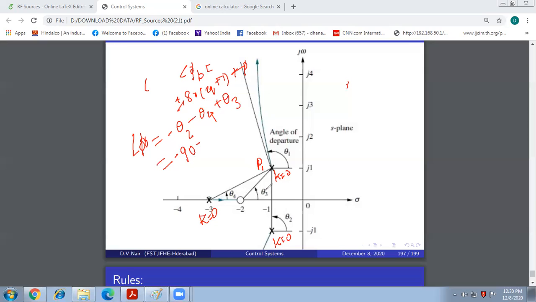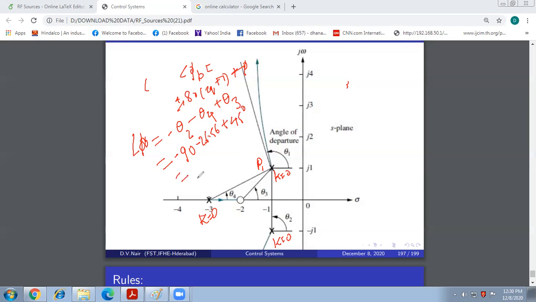Theta 4 will be tan inverse of 1 by 2, and tan inverse of 0.5 we have seen last time is something like 26.56, plus theta 3, which is tan inverse of 1 by 1, that is 45 degrees.